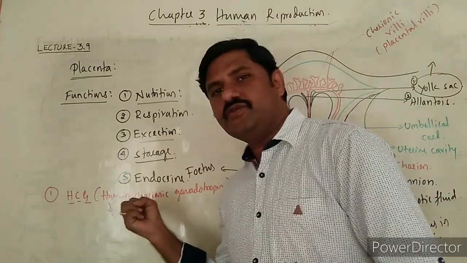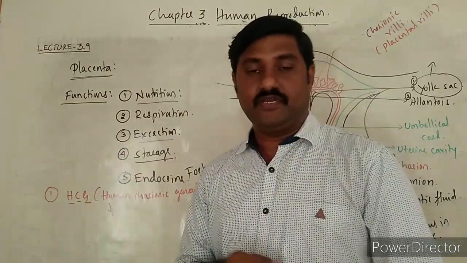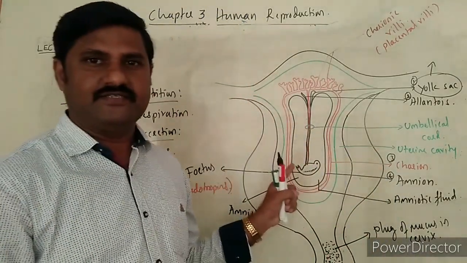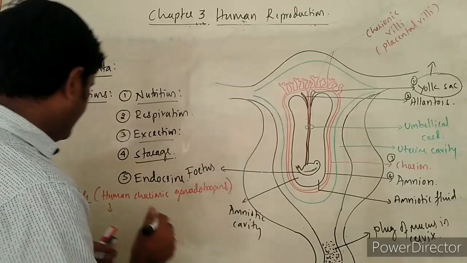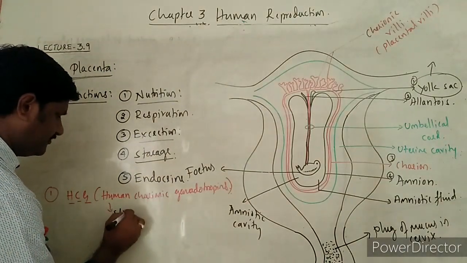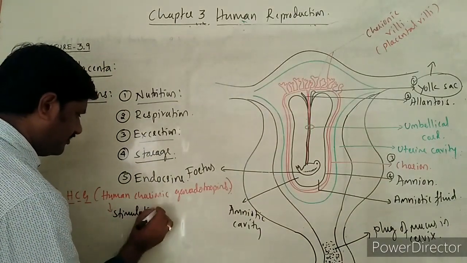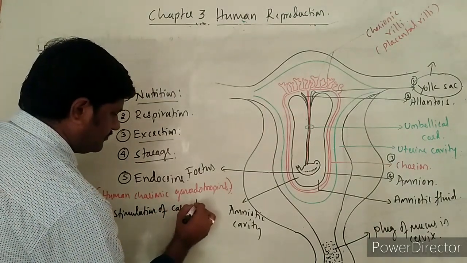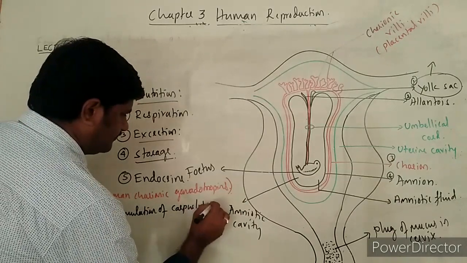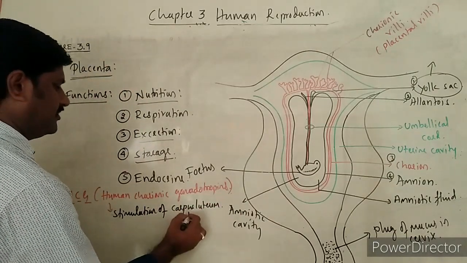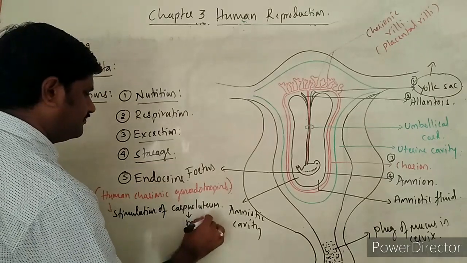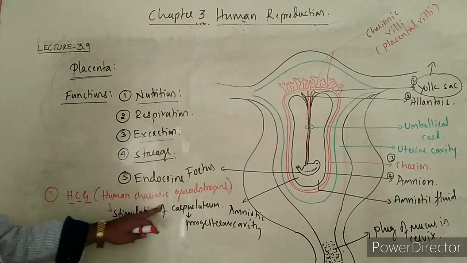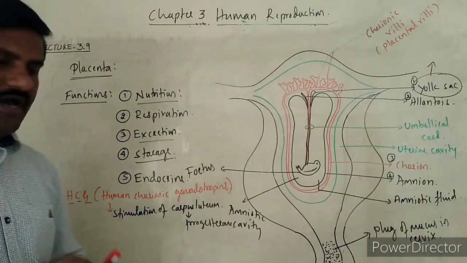What it does, it stimulates the corpus luteum to secrete more and more progesterone for the maintenance of this pregnancy, right? So it helps in stimulation of corpus luteum to secrete progesterone. This is the major function of this human chorionic gonadotropin, one hormone.